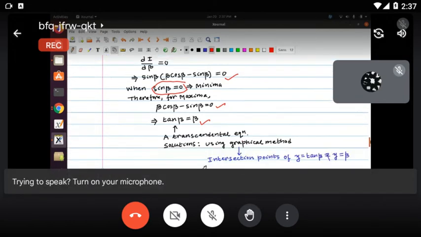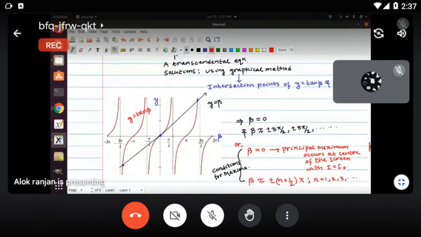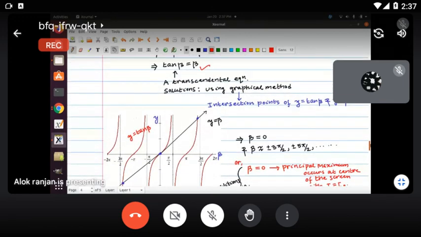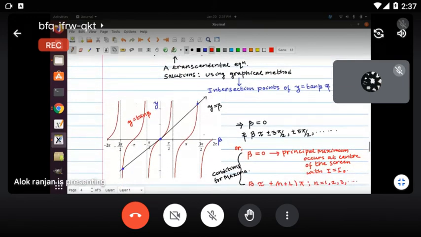So the graphical method, what does it say? We draw these two functions, tan beta and beta, as I have drawn here. These red lines are tan beta, and the solid line that passes through the center is y equal to beta. Tan beta equal to beta is satisfied at the points of intersection between the tan beta function and the y equal to beta function that I have marked over here.